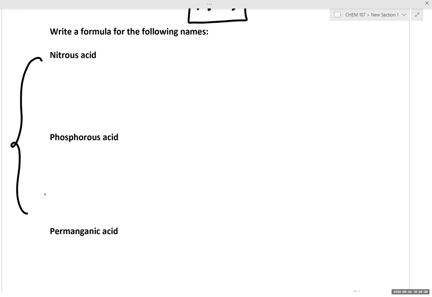We're starting to get a reasonable pool of responses in the chat. Just make sure that your polyatomic ion formulas are correct with the correct subscripts. Let's keep working through this example. It's good that we're seeing a reasonable amount of class participation.